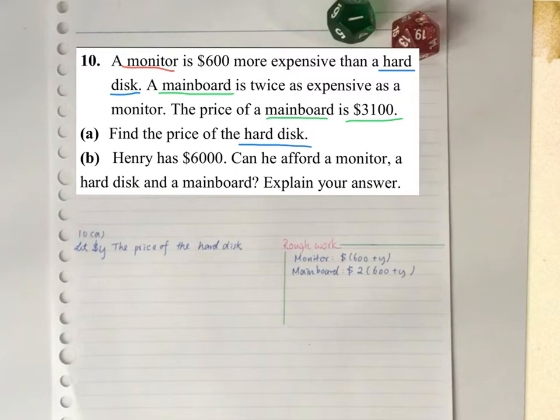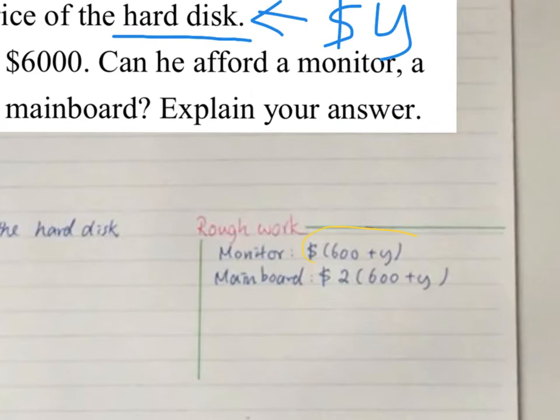To handle this, we need to use an unknown to help us, so let $y be the price of a hard disk. We check the values of the monitor and the mainboard also. The monitor is $600 more expensive than the hard disk, so we calculate $600 plus $y.